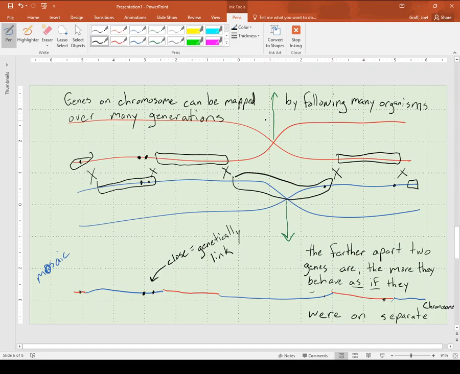Obviously, if you were studying humans, it would take many scientists' lifetimes to study many generations and many people.